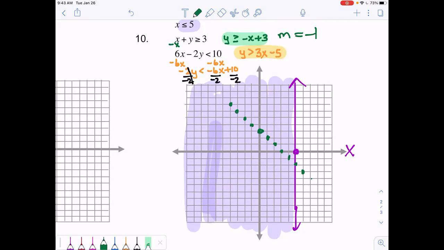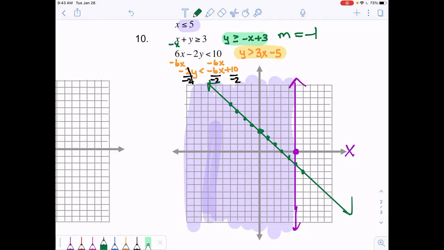Again, it says equal to. y is greater than or equal to, so I need to connect these with a nice solid line. Chase, if it is greater than or equal to, does greater than mean above or below the line? Above, yeah.